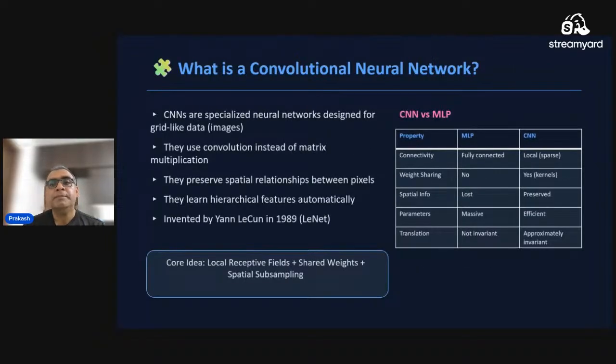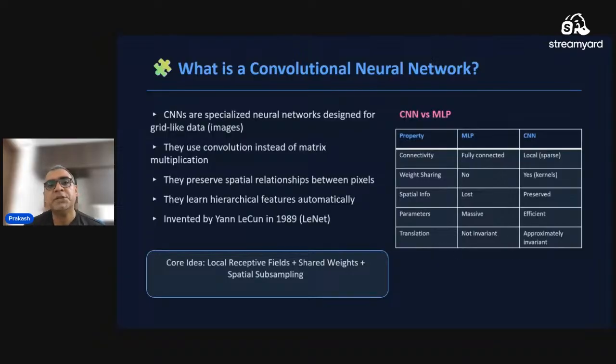Moving on, a little detail about it. CNNs are basically specialized neural networks designed for grid-like data. I talked about the matrix, right? So they can do scanning like a matrix, and it is more efficient for images or any spatial kind of data than for regular pattern-based, text, or number-based data.